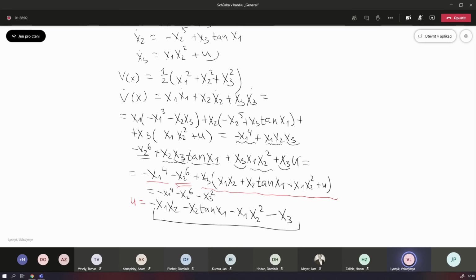Any question? And this is less than 0 for all x not equal to 0. And we can conclude that the origin is globally asymptotically stable with this control law. Do you have any question?